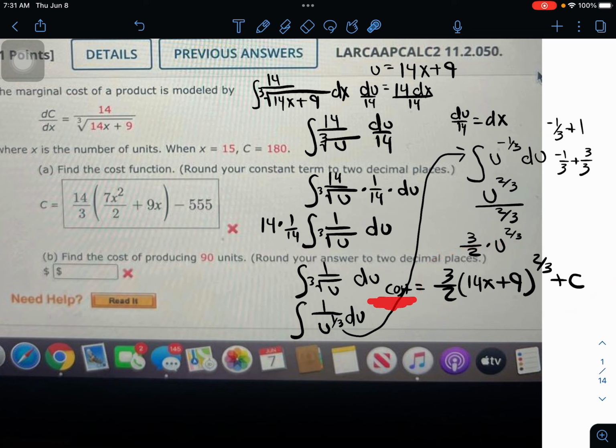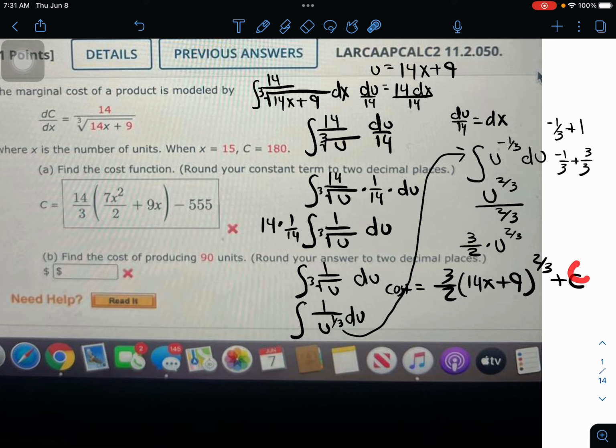But we're not quite done yet, because it says find the cost function. We need a specific cost function. This is an indefinite integral. It can represent any of an infinite number of functions, because I could put any number into my c.